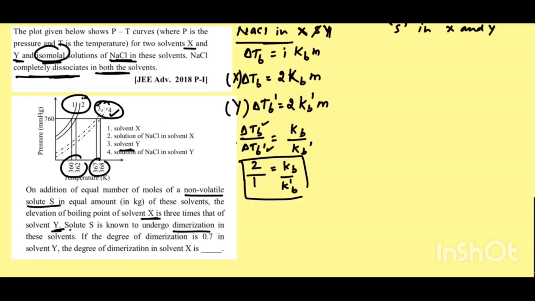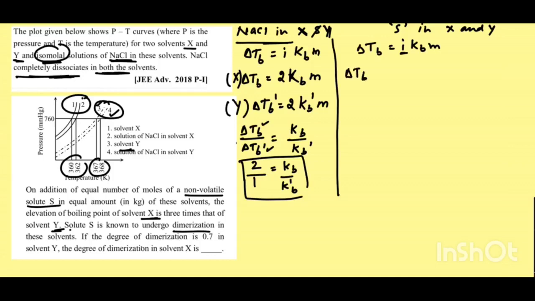Now we will solve it further. It is given that solute S, a non-volatile solute, undergoes dimerization in X and Y. Again I will write the equation delta Tb is equal to i Kb m, for both solvents X and Y. Here i is for association, because of which the van't Hoff factor comes. Since dimerization is mentioned, I will not keep an exact value of i, but will write its formula.